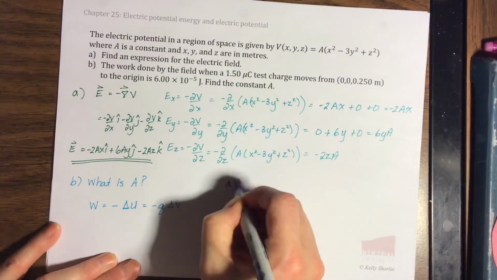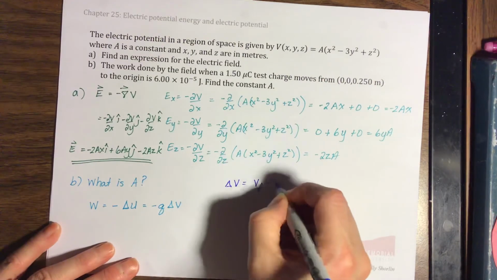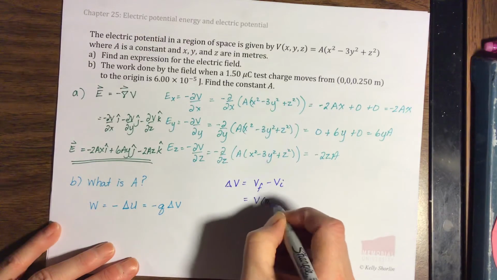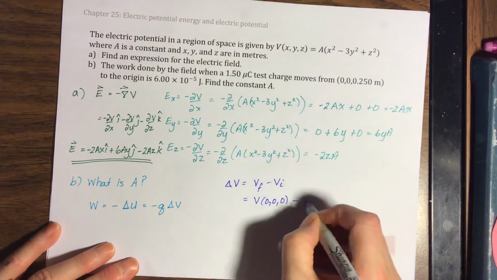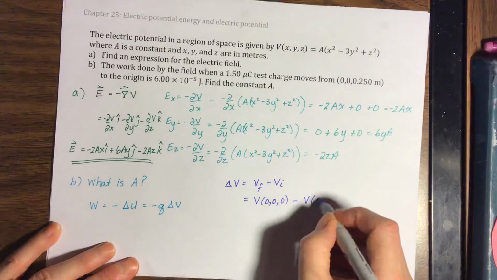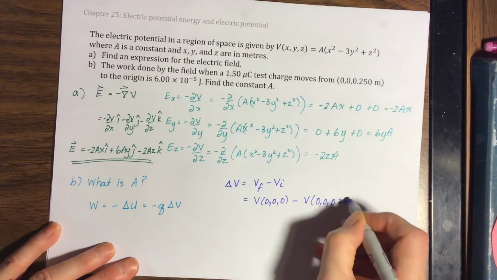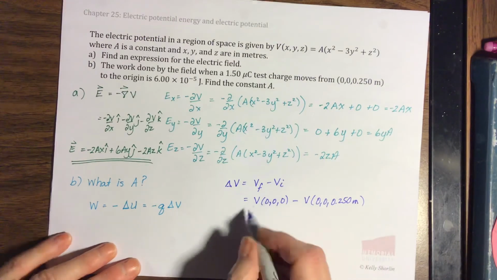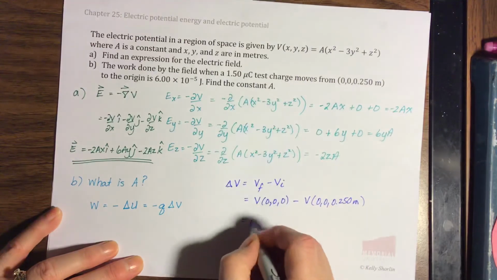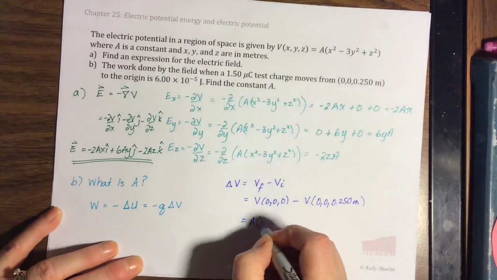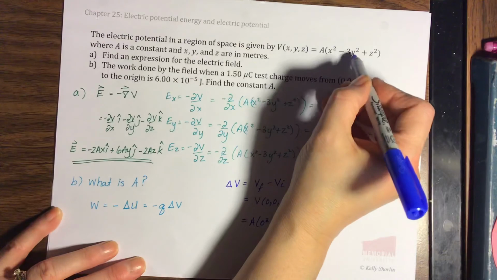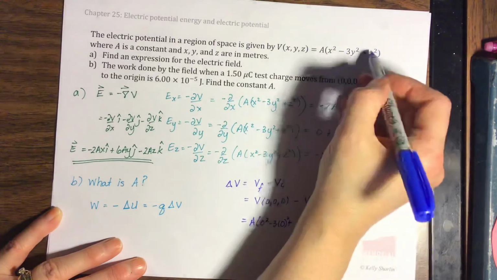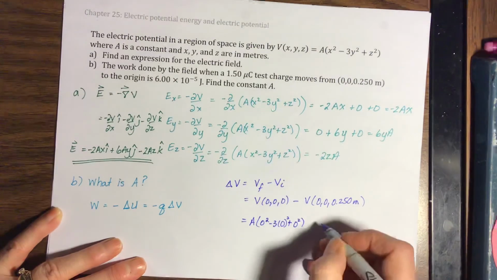So delta V is V final, take away V initial. V final is at the origin, so that's V of (0, 0, 0). Take away V initial, which is at (0, 0, 0.25). Okay, V at all zeros is A times 0 squared minus 3 times 0 squared plus 0 squared. Okay, that's all 0.